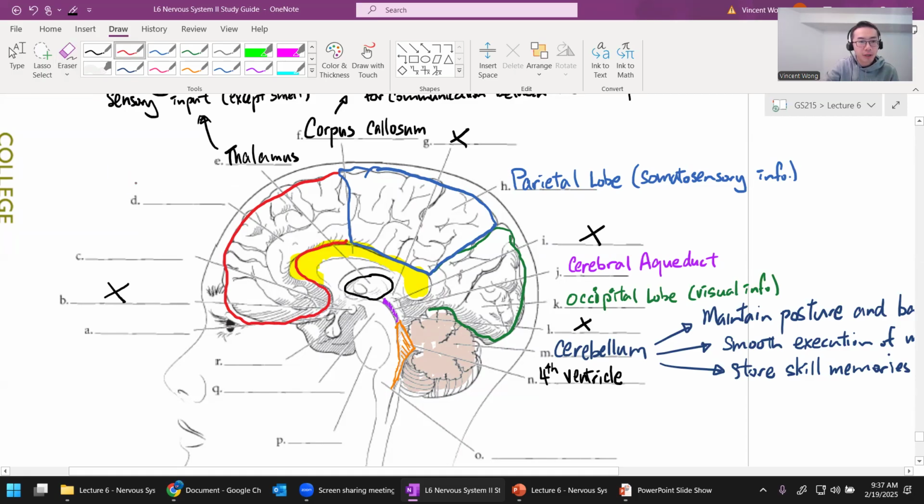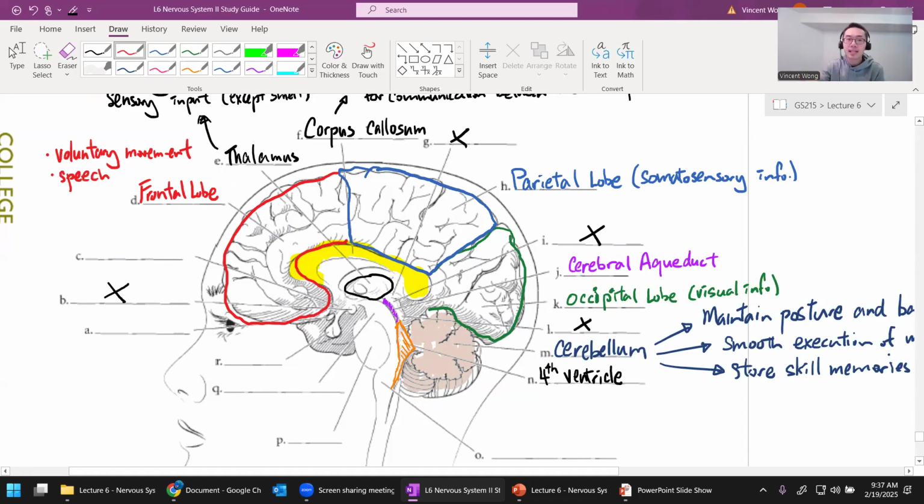This here would be the frontal lobe. So like voluntary movement, speech, and some other stuff if you want to add later.